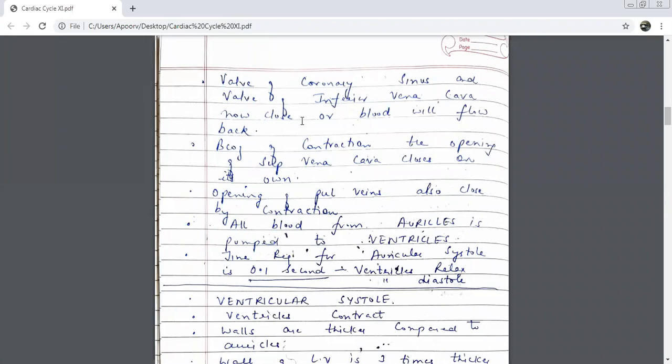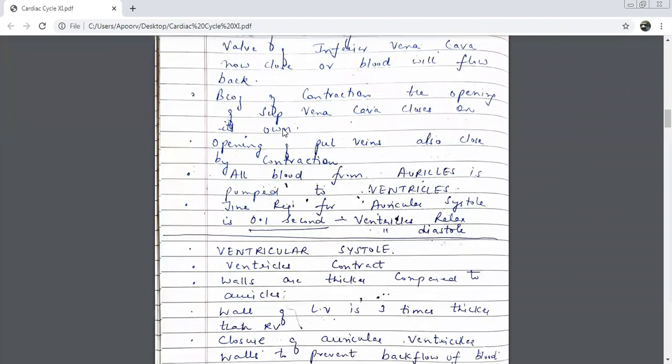Inferior vena cava and coronary sinus. Beta, listen. Once the blood goes from the auricles to the ventricles, these valves close, so the blood does not flow back. Why do the valves of these 2 vessels close? So that the blood does not go back from the ventricles back to which place?